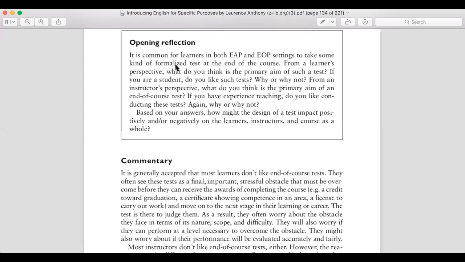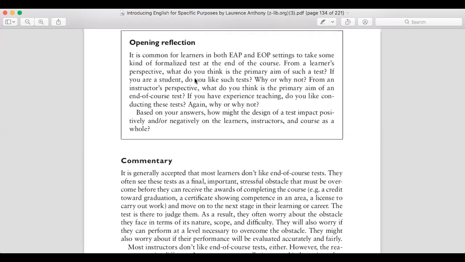We are not specifically right now talking about EAP or ESP. We're talking generally about testing, but this is also applicable in EAP and ESP classes, a little differently, but of course, psychologically, tests act the same, whatever test or exams, assessments they are, right?